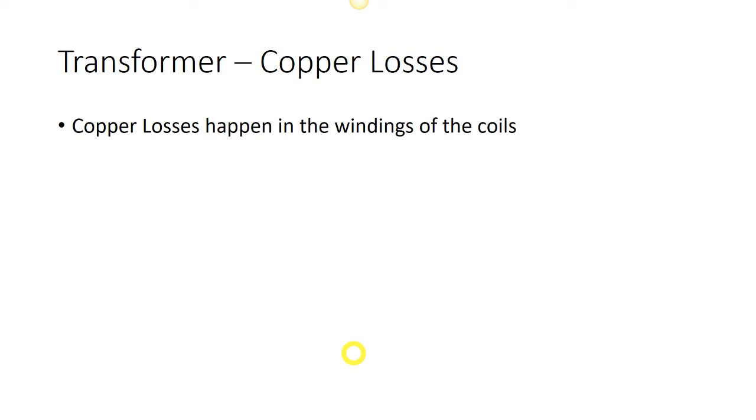Copper losses happen in the windings of the coils. That's the only place that there actually is copper in a transformer. The first one is termed I2R loss. It's kind of odd terminology, because the actual formula is I squared R, but for some reason in the field they're called I2R losses.